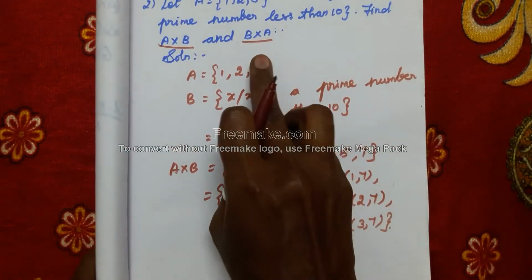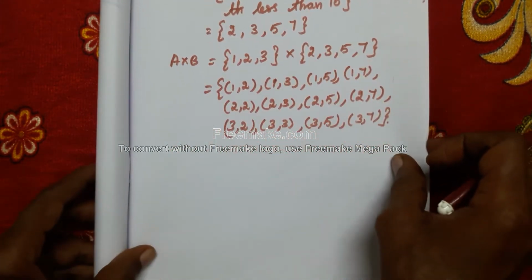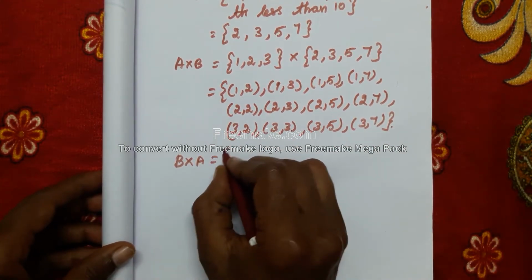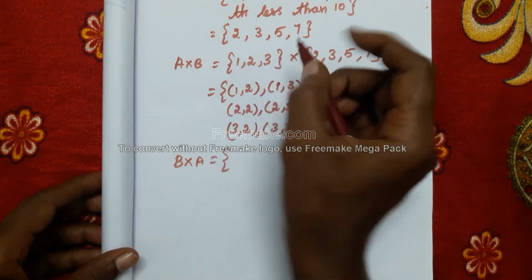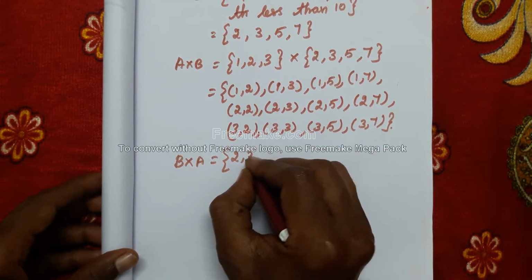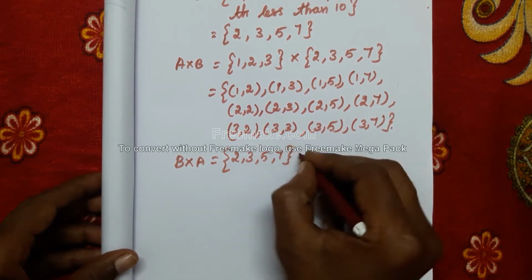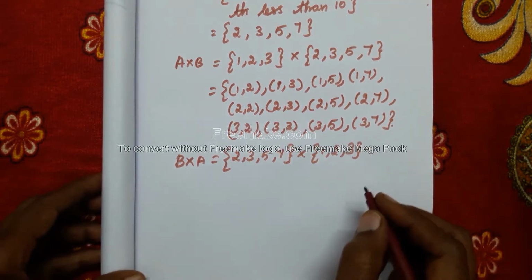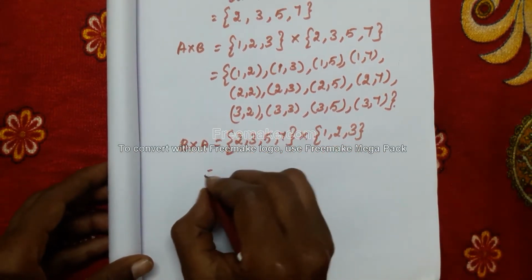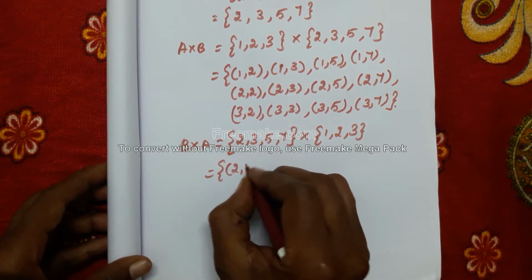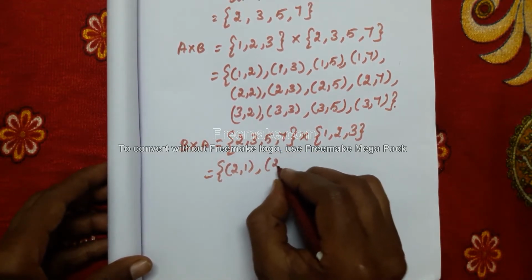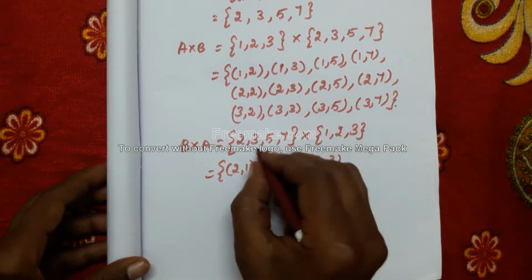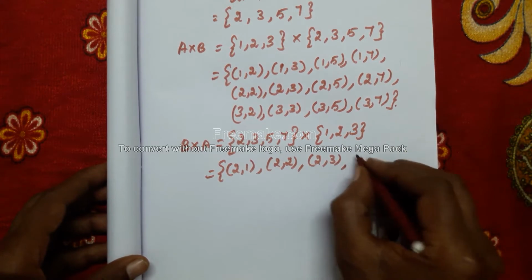Then what do we have to find? B cross A. What is B? 2, 3, 5, 7. Cross, what is A? 1, 2, 3. So how can we find B cross A? (2, 1), (2, 2), (2, 3). Next, (3, 1), (3, 2), (3, 3).